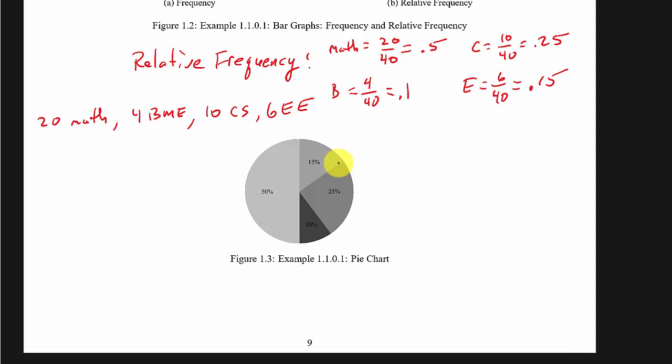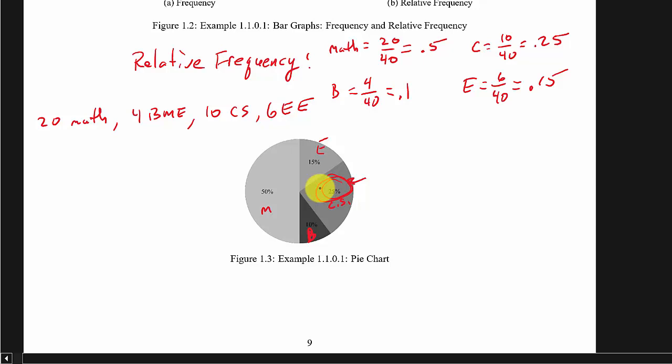Let's just look at, say, this piece of the pie right here, this 25%. I believe this one is the computer science one. And then, of course, this would be the math, and so on. And I'm guessing this one's going to be the biomed, that would be B, and this one would be the electrical.